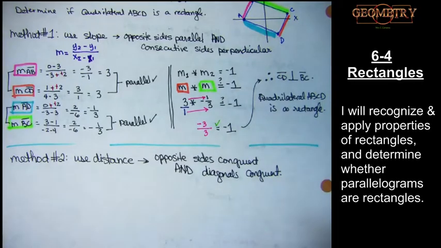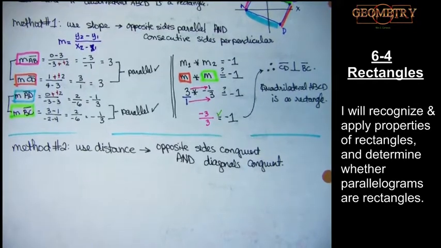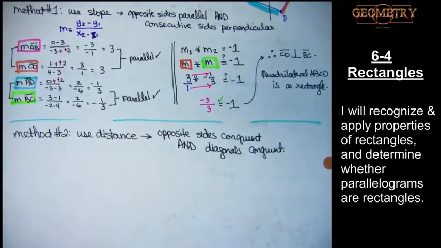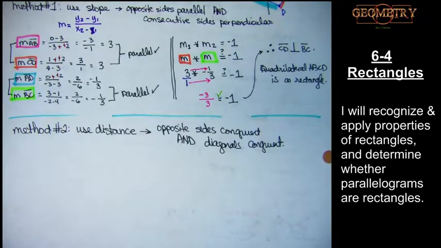This means we need to check 3 pairs of distance measurements. We have to have 6 distance measurements in total. We have to use the distance formula 6 different times.